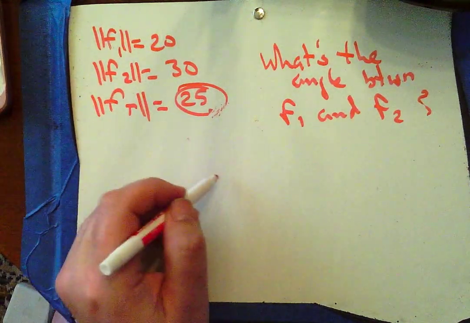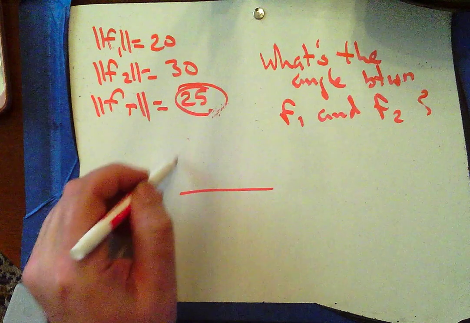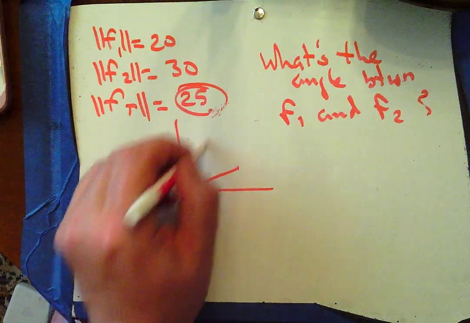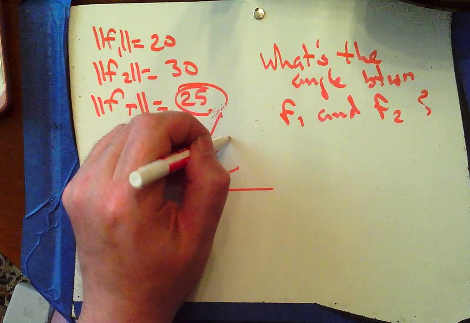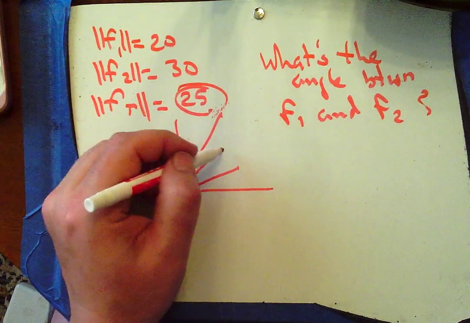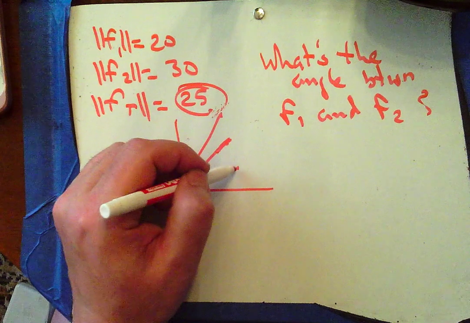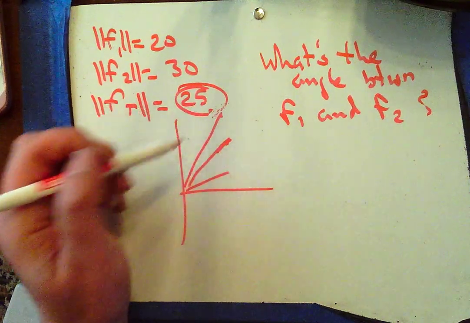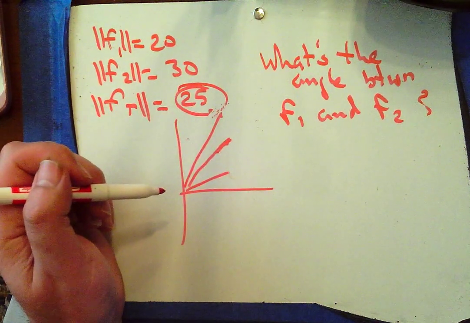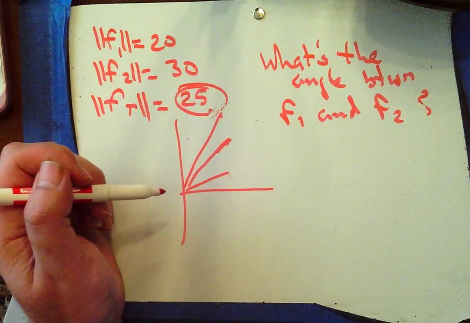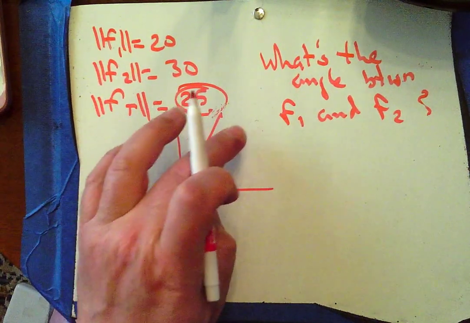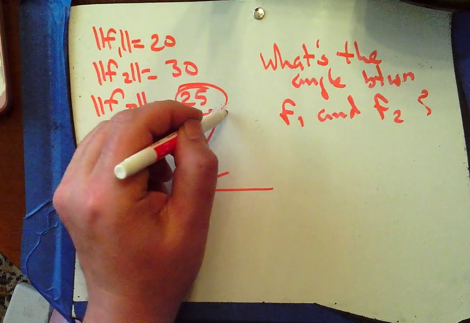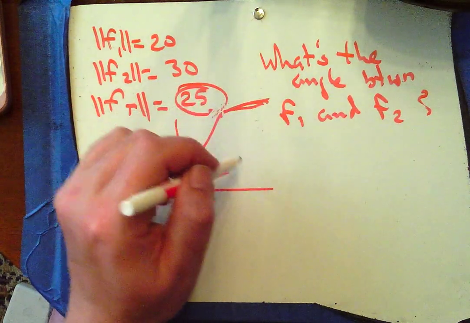Well, let's envision a triangle with some forces and a resultant force. And what I'm suggesting is that rather than draw the picture this way, I really want to think about that parallelogram.